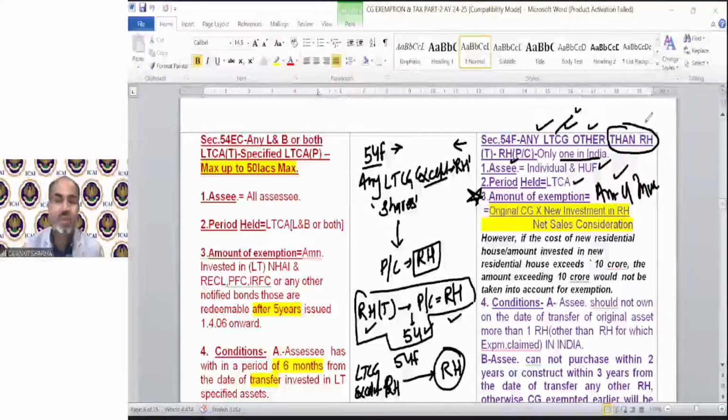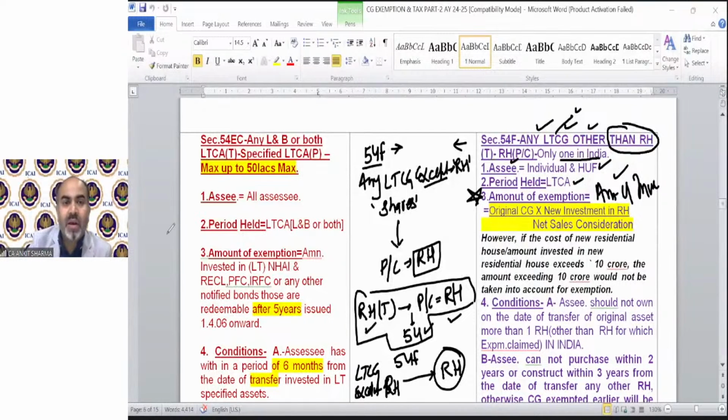For example, section 54 having 10 crore, section 54EC 50 lakh, but there is no proportionate exemption concept. The amount you are going to invest, you are going to get the exemption up to the amount of capital gain, subject to the maximum limit. But under section 54F, you will not get complete exemption.